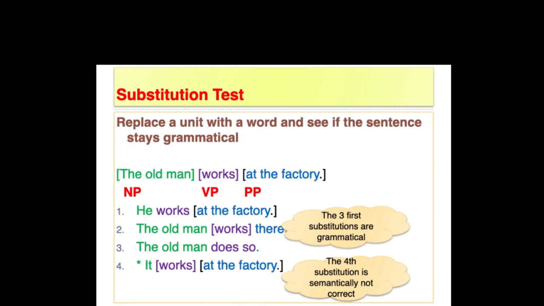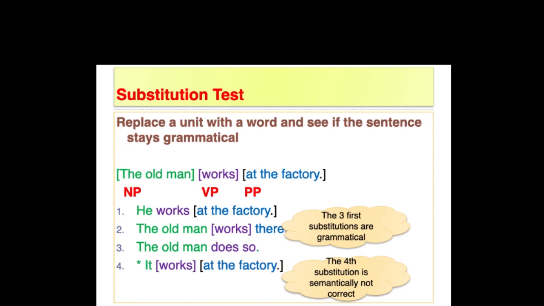How about saying the old man does so? Now, does so, here we are trying to substitute the VP. Now, in the VP we have the verb phrase, where it includes both the verb but also the PP. Okay?